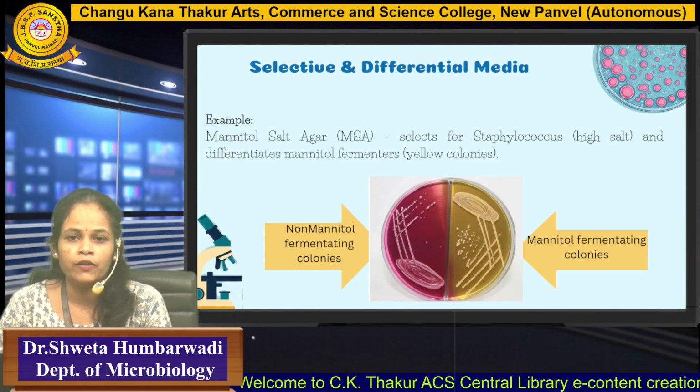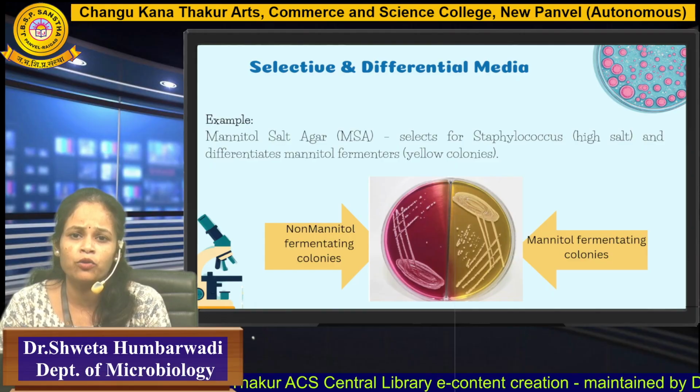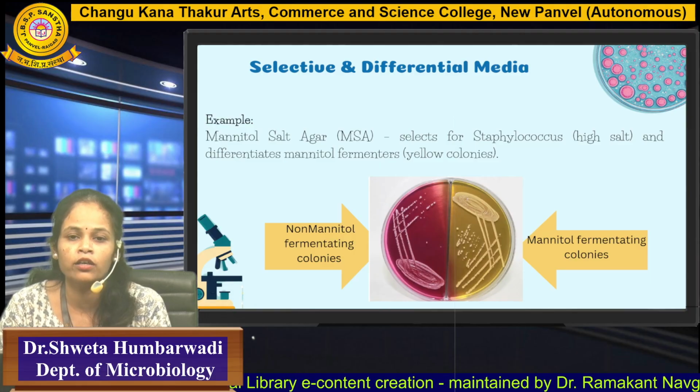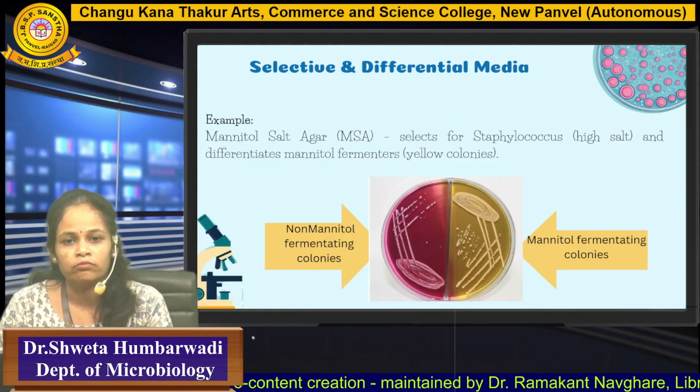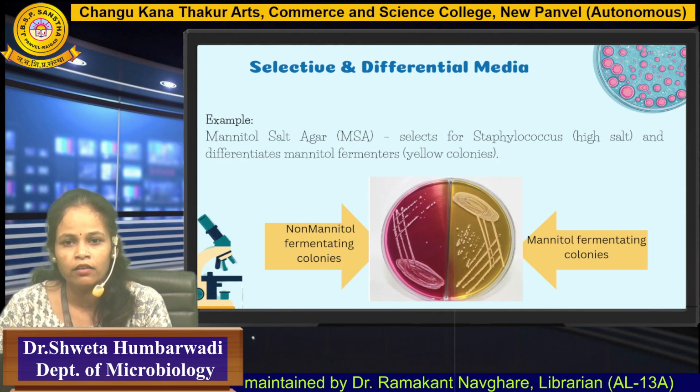Here we can differentiate the Staphylococcus species, where Staphylococcus aureus is mannitol fermenting and shows yellow colonies, and the non-mannitol fermenting Staphylococcus epidermidis is observed as pink colonies.